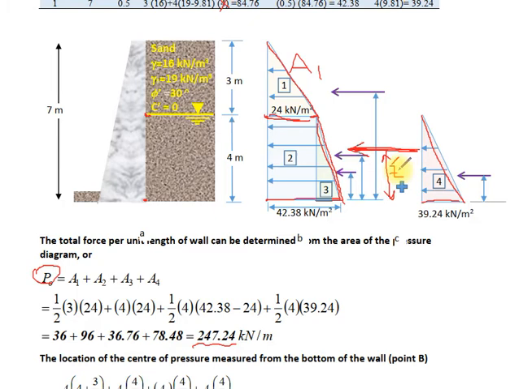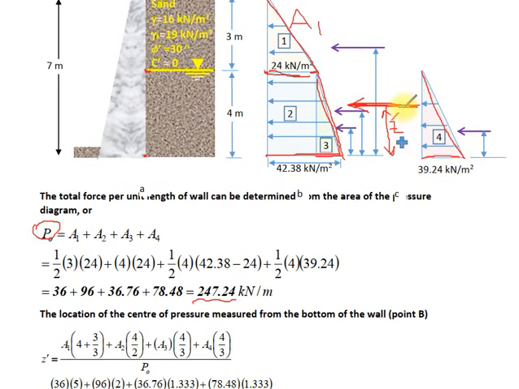The moment of the resultant about a point, for example B here at the bottom, is equal to the moment of all the forces about the same point, as we know from mechanics, from statics, as we learned in the first course in civil engineering.